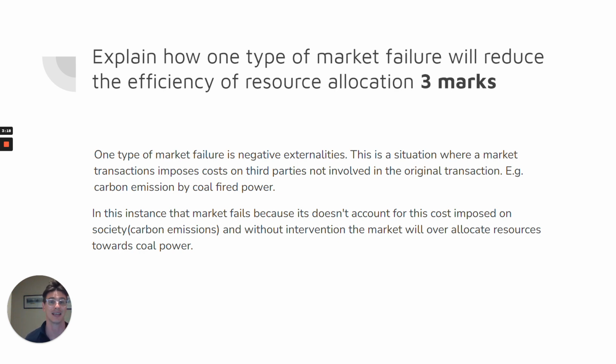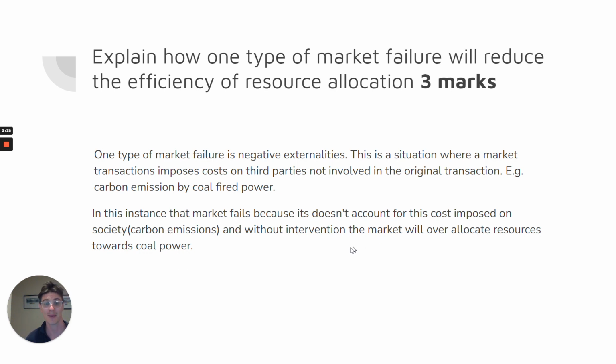It's not taking into consideration the impact that it has on the rest of society. So you turn on the power at home, you are not forced to internalize the cost on society. This is a failure. Without intervention, the market will over-allocate resources towards coal-fired power.